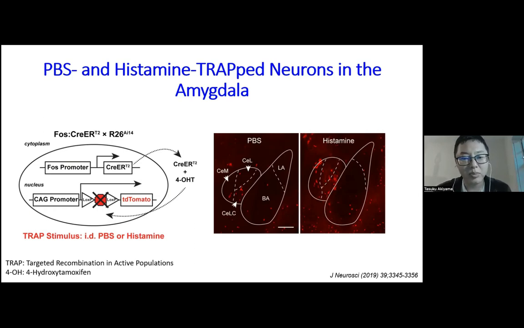In the actual experiment, we inject the 4-hydroxytamoxifen, and then we inject the histamine as an itch stimulus. And then since 4-hydroxytamoxifen is metabolized within about 12 hours, in that 12 hours, only the cells activated within that time window have Cre recombinase in the nucleus.